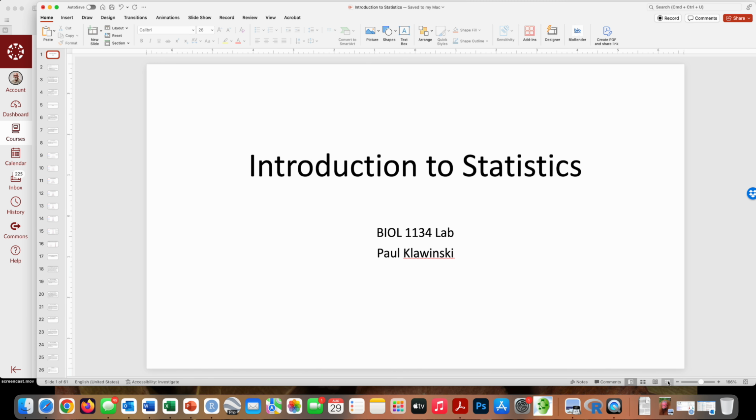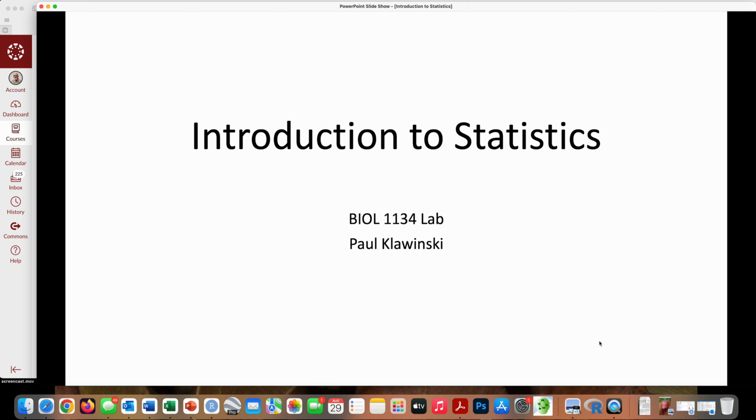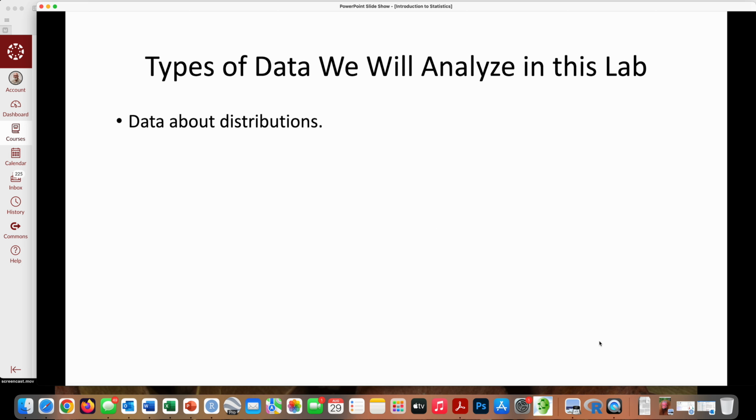Let's do it this way. So you're going to start by introducing to them about just data in general. So we talk about the different kinds of data that we'll analyze in this lab. We have data about distributions. This is what we're going to be doing when we look at Hardy-Weinberg equilibrium questions.